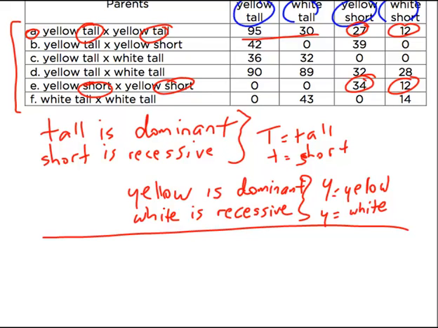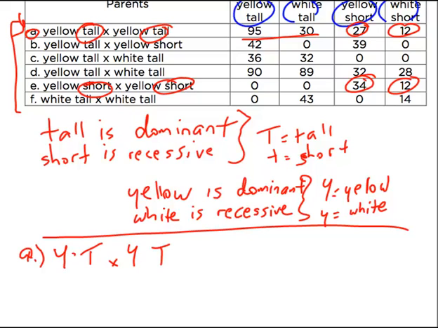That's why we did that part first. So now that we know yellow and tall are dominant, we have a cross up here, A, which is yellow tall times yellow tall. For A, the question is, what do we know? We know that each of these parents, just by being yellow and tall, has to have at least one big Y and one big T.